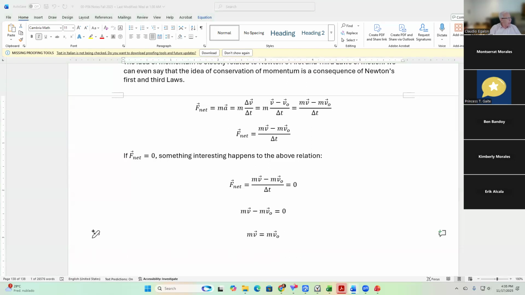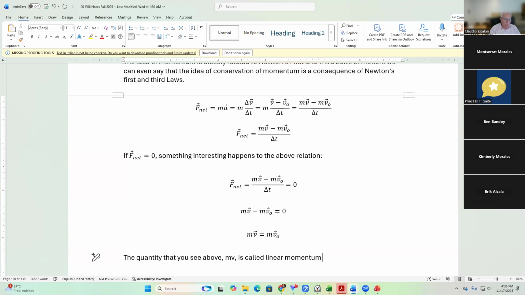The quantity above, m times v, is called the linear momentum. And it is a vectorial quantity.